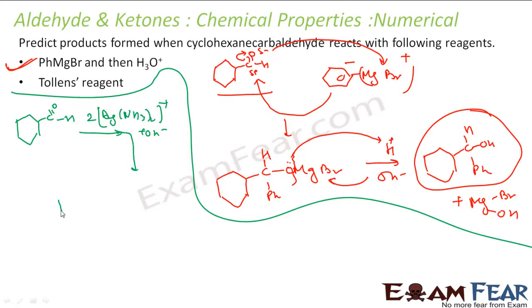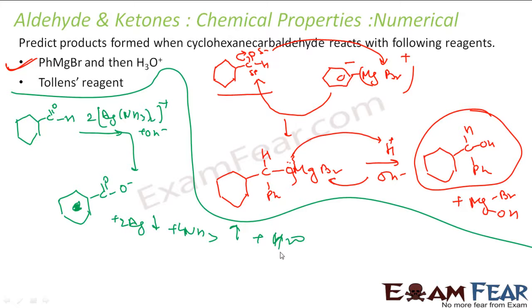What you get is this, no ring here, COO minus, plus silver comes out, two silver comes out, and NH3 gas, 4 NH3 gas goes off, and you get some water molecules back.